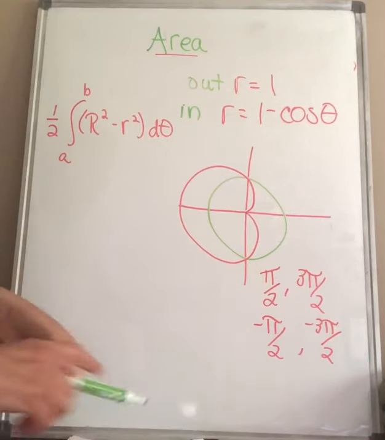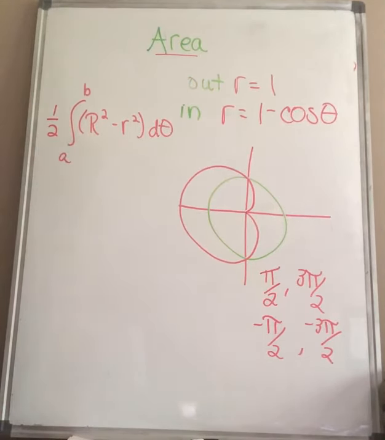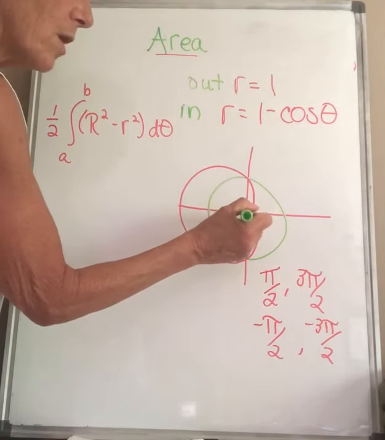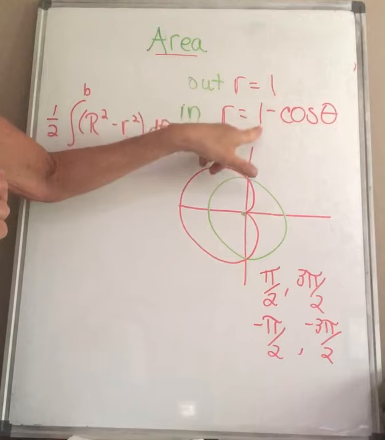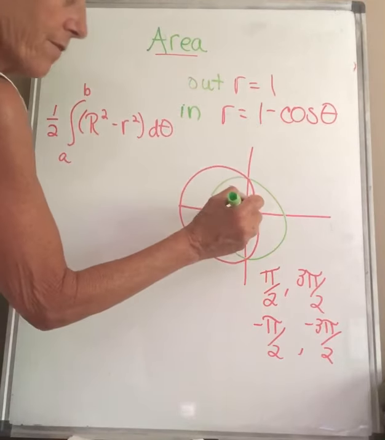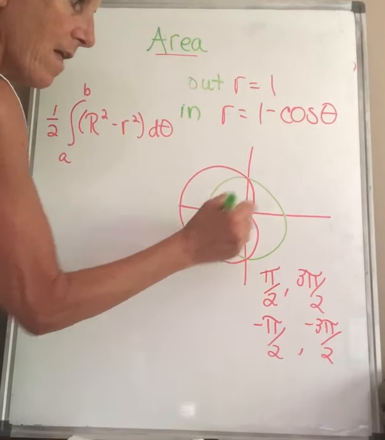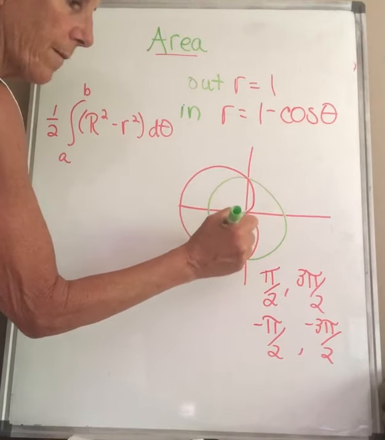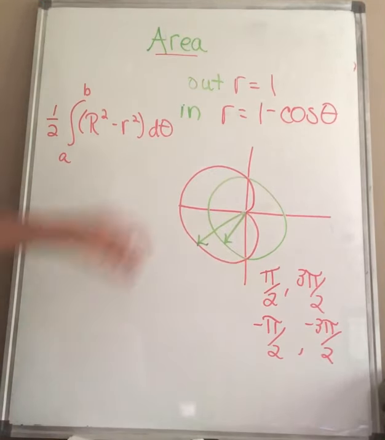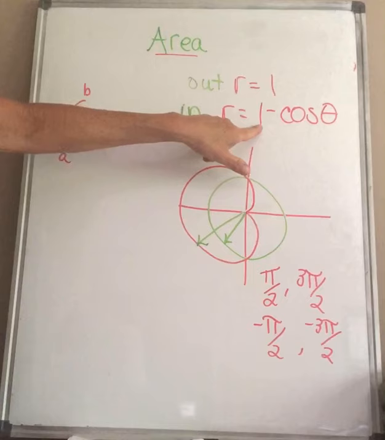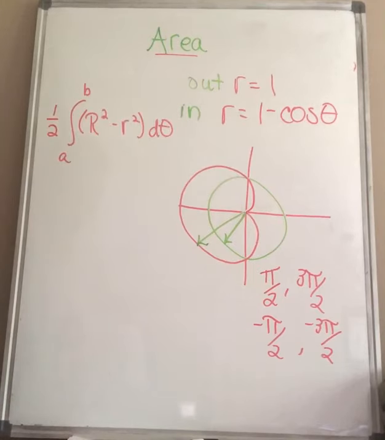When we're trying to figure out what's your capital R and what's your lowercase r, if you're starting at the pole and I draw a line to this graph and to this graph, first I'm going to go to here, then I'm going to go to here. You can see that the 1 minus cosine theta is my larger one.